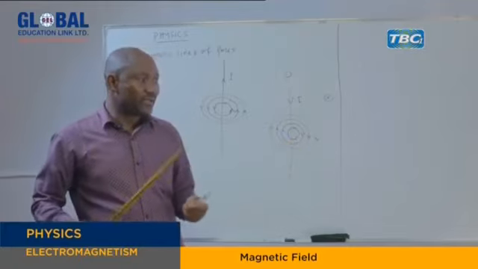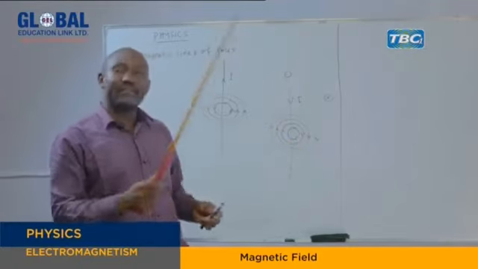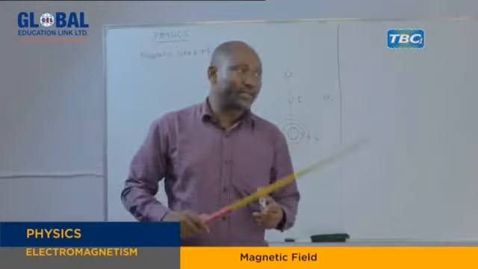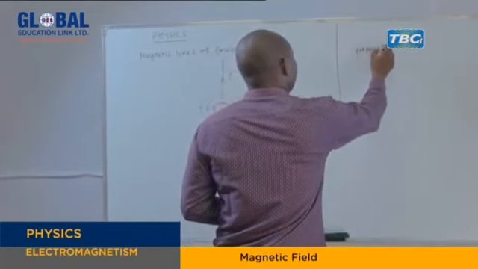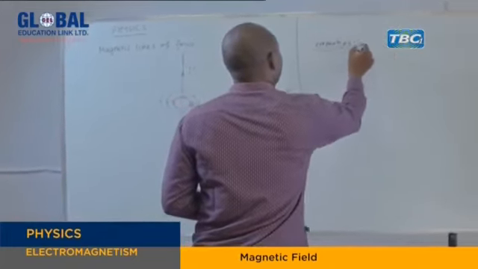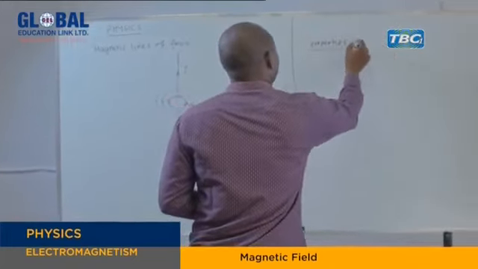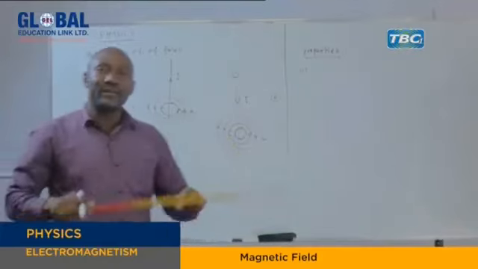But today, we're going to see the magnetic field which has been created. Before we talk about the magnetic field, let's see what are the properties of these magnetic lines of force. You can see from this diagram, the magnetic line of forces form a loop.